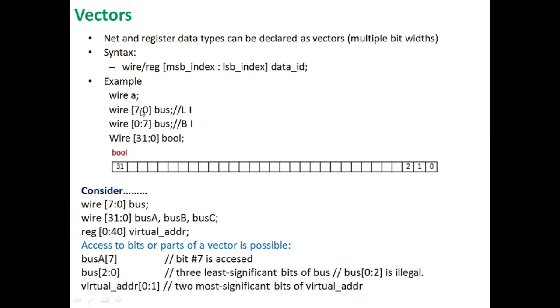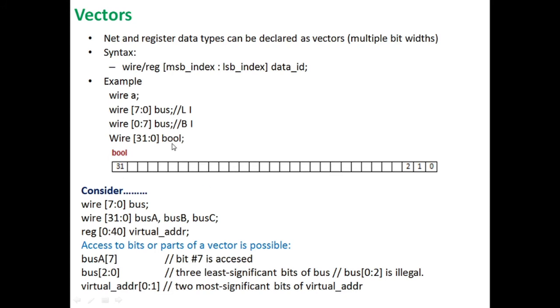Why is the representation 7 down to 0 here and 0 down to 7 there? If I represent it as 7 down to 0, it follows a little endian notation, and 0 down to 7 means it follows a big endian notation. This bus is of 8-bit width, and it is of type wire.